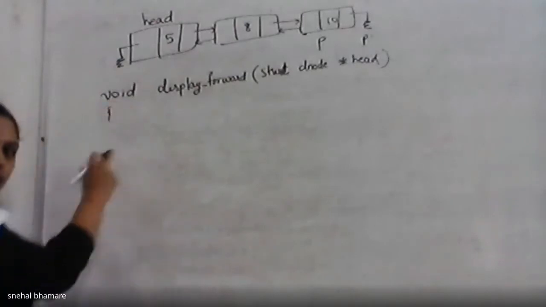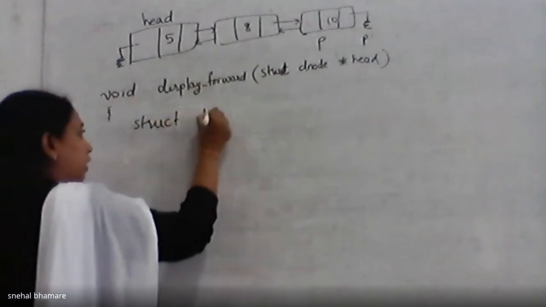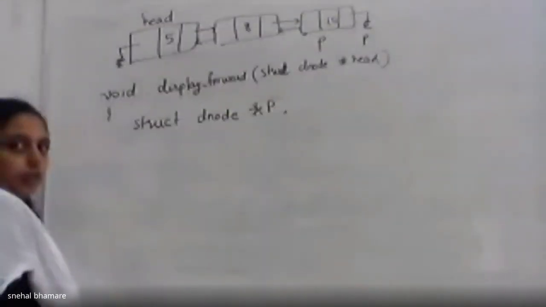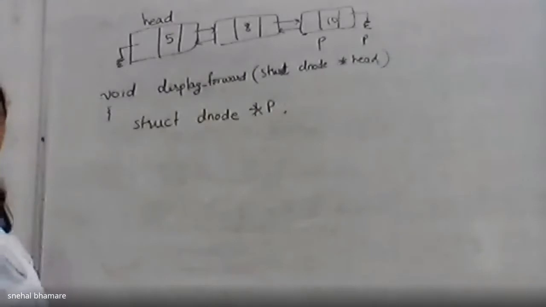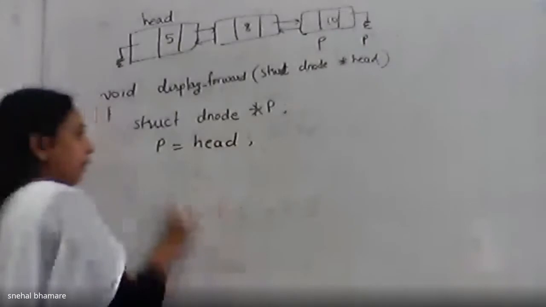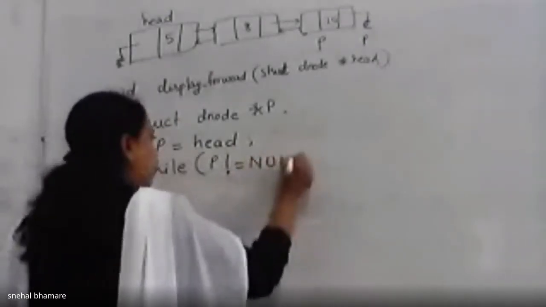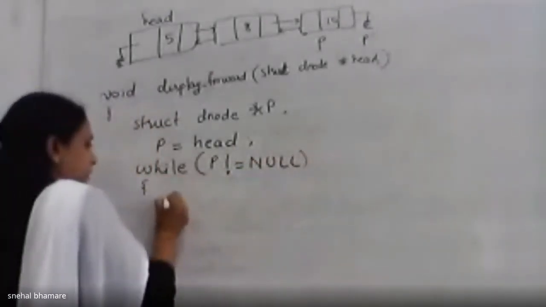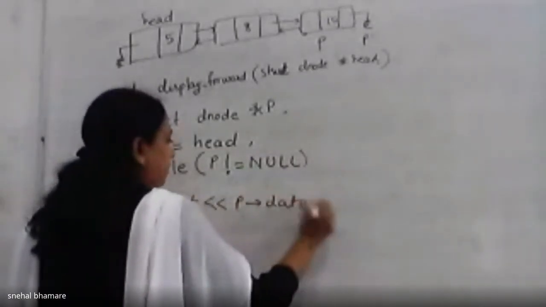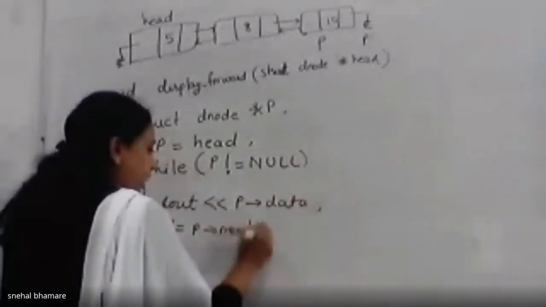Now I have to take one temporary variable of the type node, so struct dnode pointer p. Now initially assign p to head, so p equals head, and write while p is not equal to null, cout p data and p equals p next.